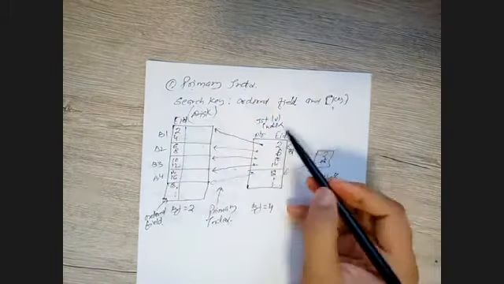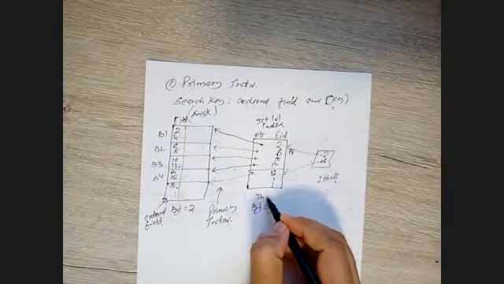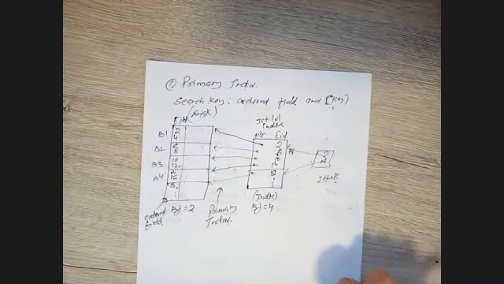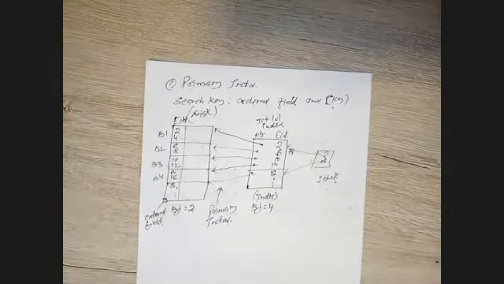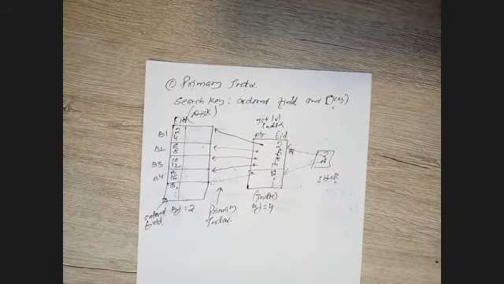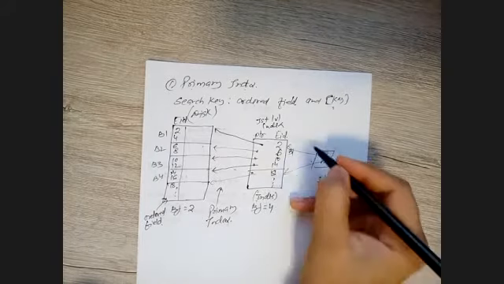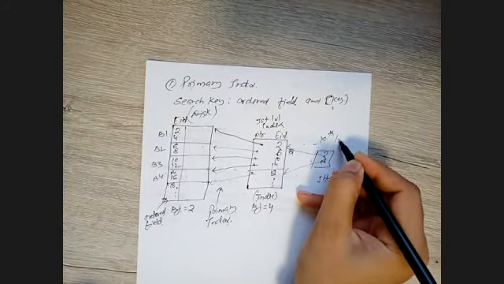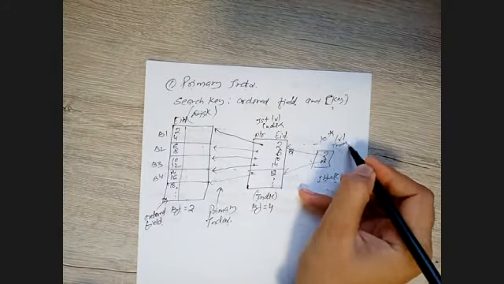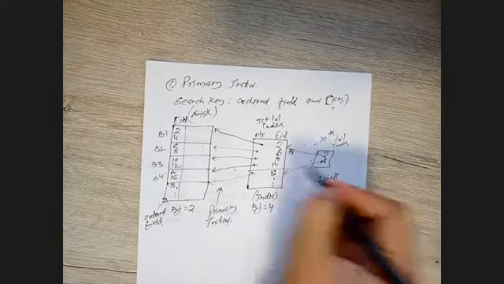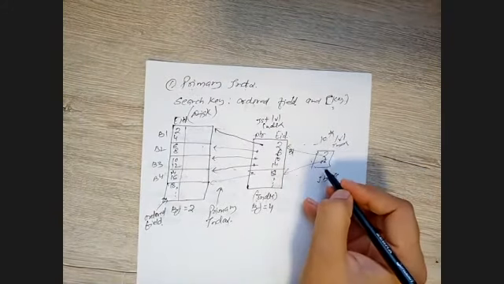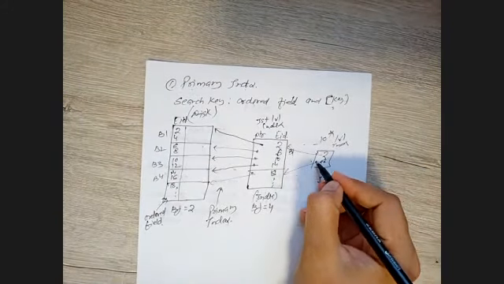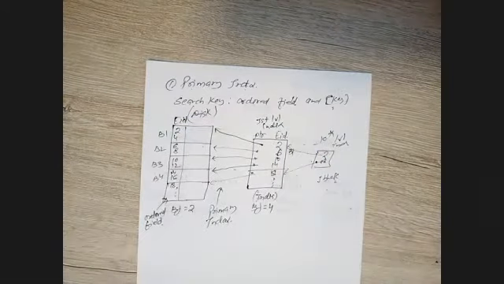That is called a primary index in this case. Remember, the IO cost to access a record using primary index with multi-level indexing is k plus 1. For example, this is your kth level index, so the IO cost will be k plus 1. Till k, you search the value and get the pointer, then you go to the disk file.